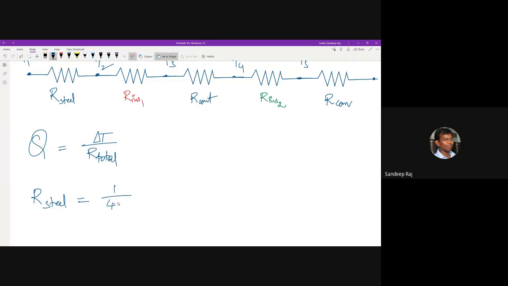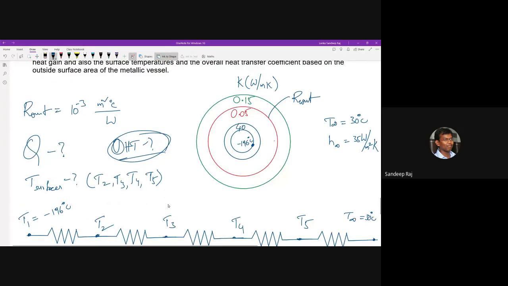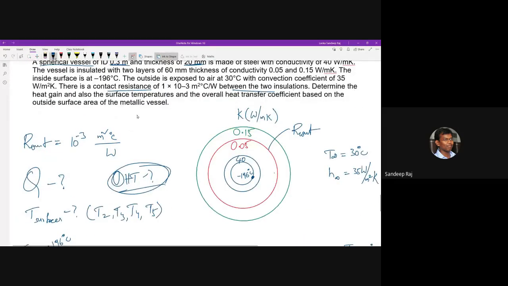Just now we have found it out. It is 1 by 4 pi k into 1 by R1 minus 1 by R2. This is the formula. The R1 value is given in the question as 0.3 meter diameter, so it is 0.3 by 2, that is 0.15.